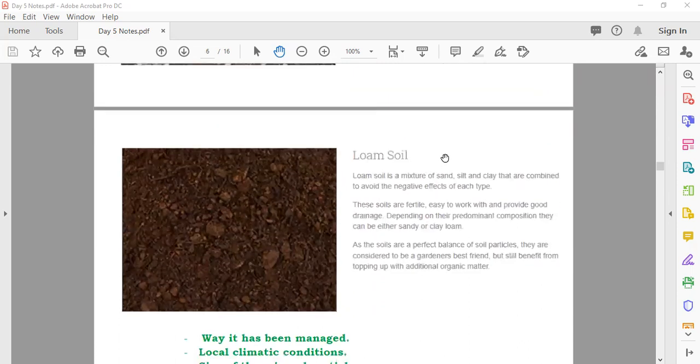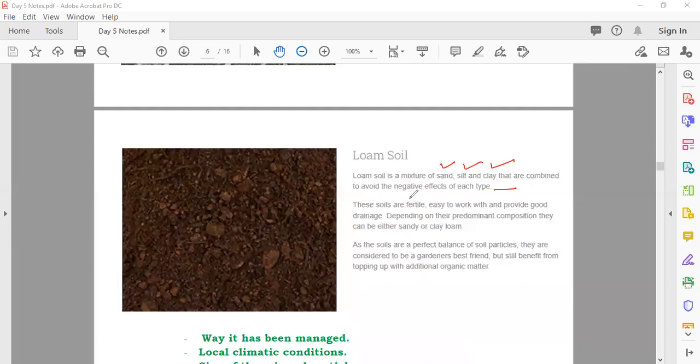After that, loam soil. Loam soil means the soil is a mixture of sand, silt, clay, all together, and combined to avoid the negative effect of each type. So here they are mixed together. So maybe you can say that this type of soil you have to make on your own, and sometimes they make it by mixing all these things.